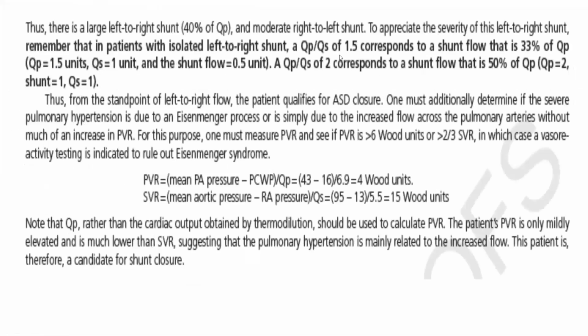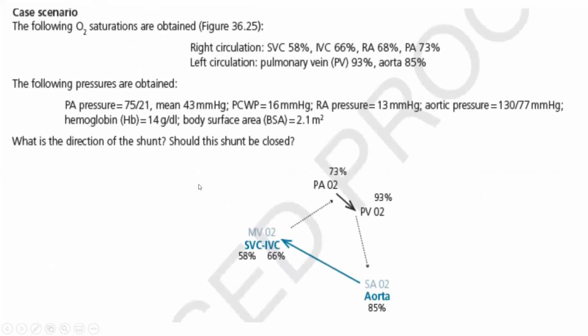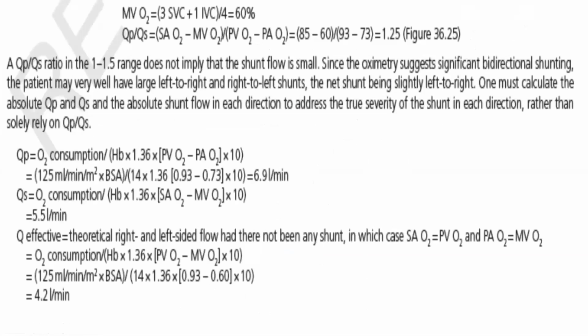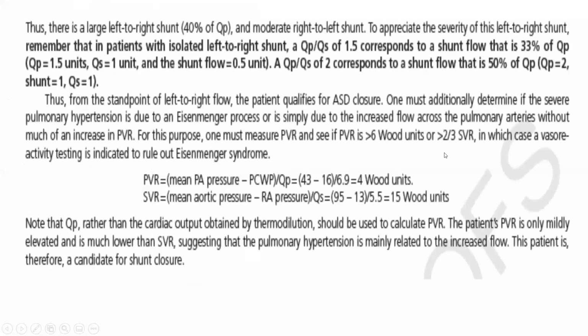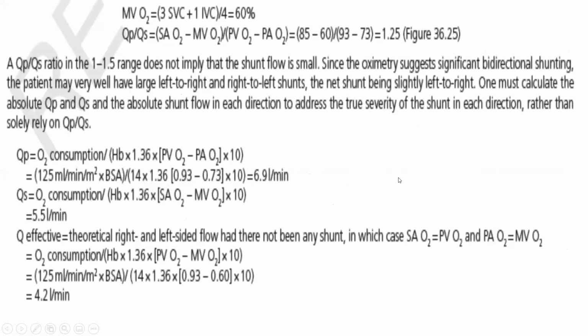Another thing you calculate here, very importantly, is the PVR. The PVR will be the mean PA pressure minus the wedge pressure, PA minus LA, basically. 43 minus 16 is 27, divided by that QP, and that comes out to 4 Wood units. That's very helpful. Can you close this shunt?